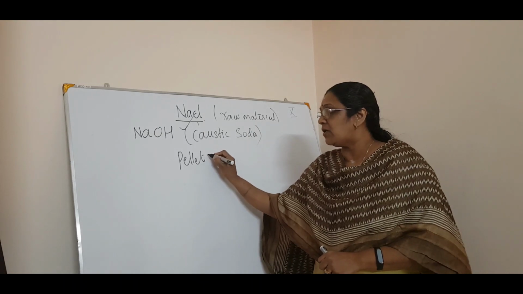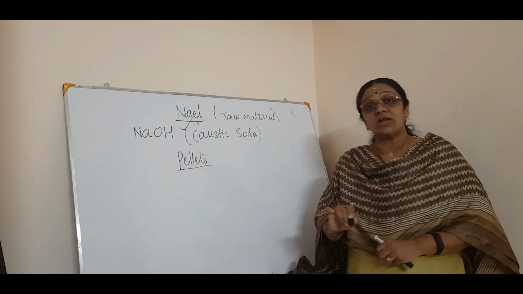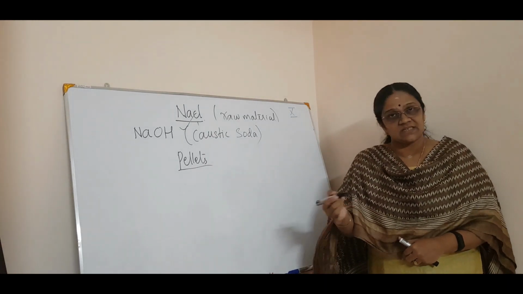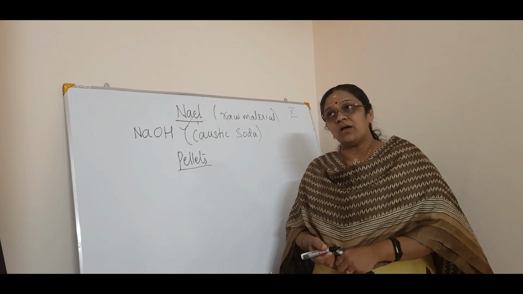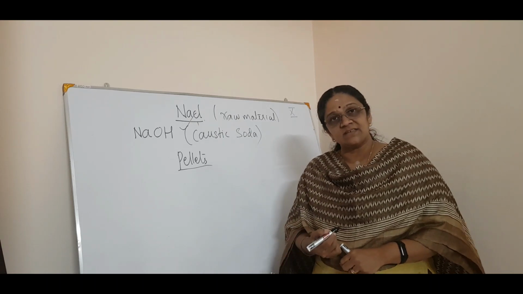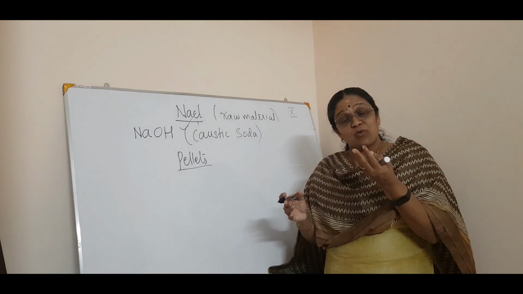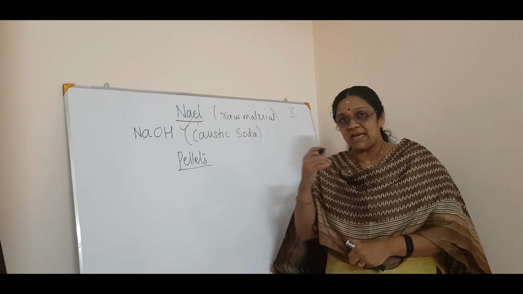There are certain terminologies in chemistry. Like we don't say sodium hydroxide crystals. You will say sodium hydroxide pellets, or you will say zinc granules, copper turnings, etc. So the sodium hydroxide is somewhat whitish in color, which you call sodium hydroxide pellets.